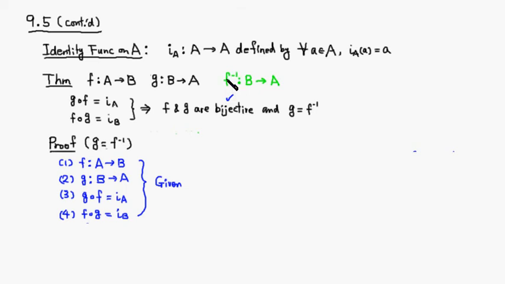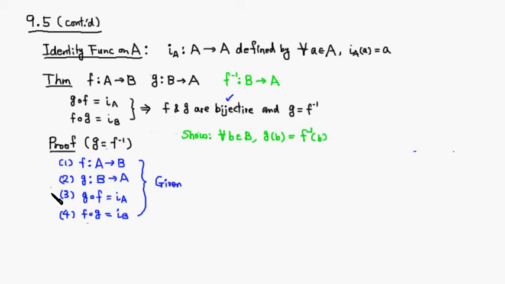Since f inverse is a function from B to A, in order to show that the two functions are the same, we have to make sure that for all b in B, g of b is always the same as f inverse of b. So let's show that.